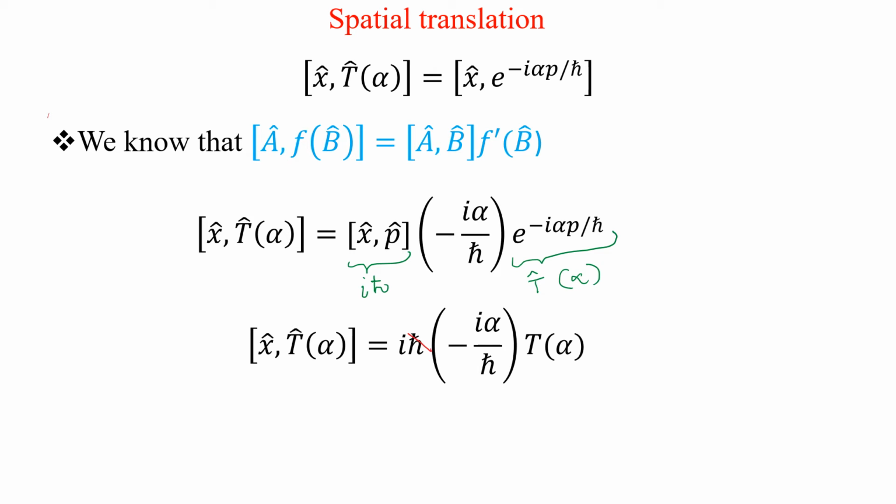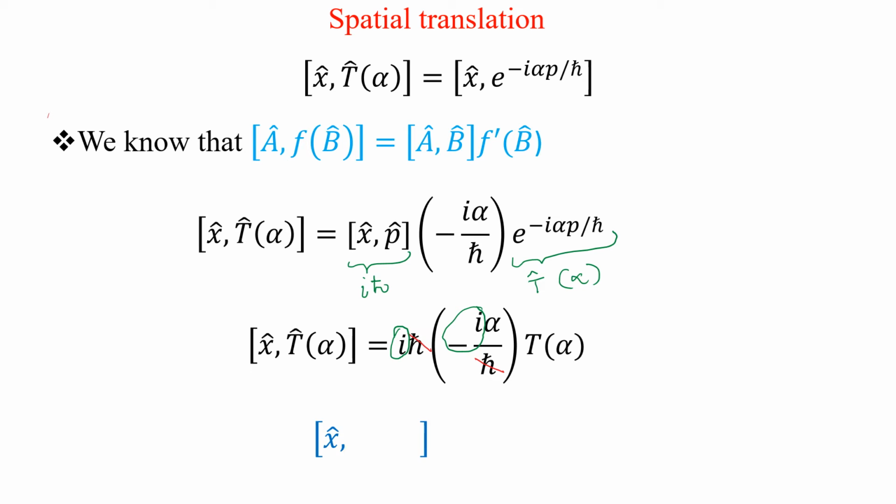Now here, this ħ will cancel with this denominator ħ. Then minus i into minus i is equal to 1. So if you multiply both terms, you will get only α multiplied by T(α).